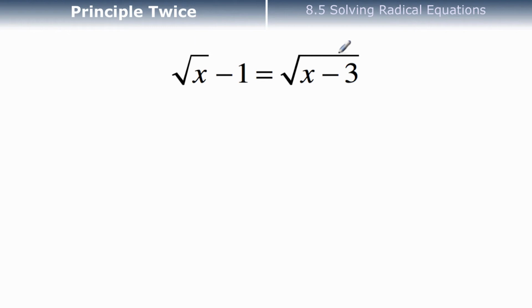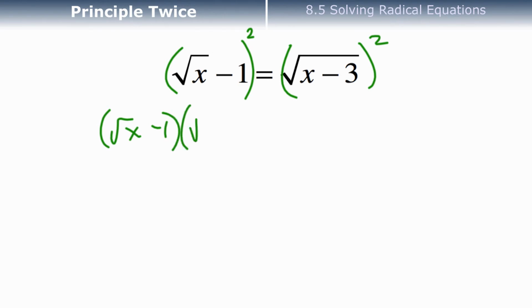Anyway, I have this radical isolated. This one's not isolated, but this one is, so I'm going to square this side, because that'll get rid of this one. But then when I square this side, you'll see some ugliness start happening. I'm going to have root of x minus 1 times the root of x minus 1 is equal to x minus 3.